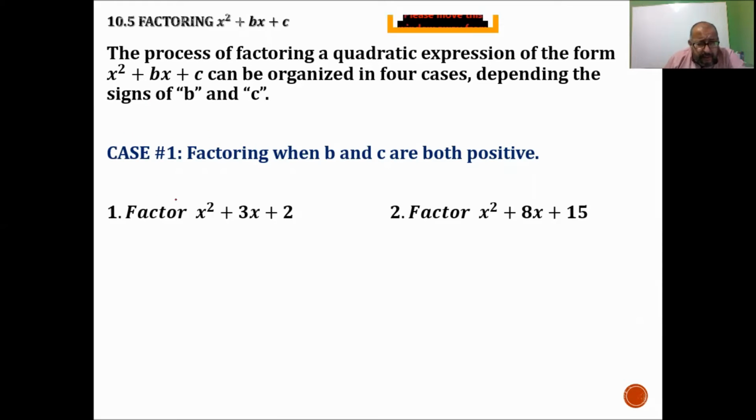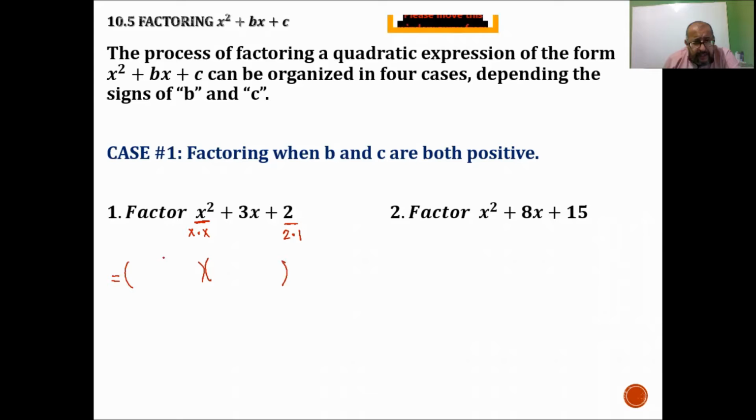First of all, I need to break up the factors of x squared. That means x times x. And then I need to look for the factors of 2, okay? In this case, it will be only one pair of factors, which is 2 times 1. So, to apply the factoring process, we will open up 2 parentheses.